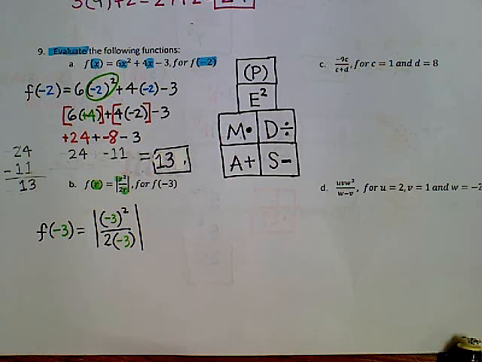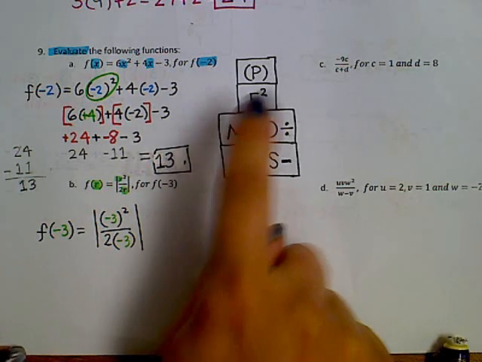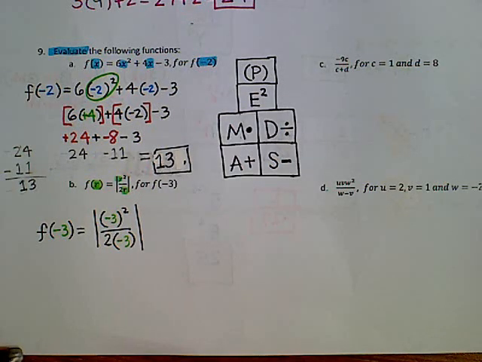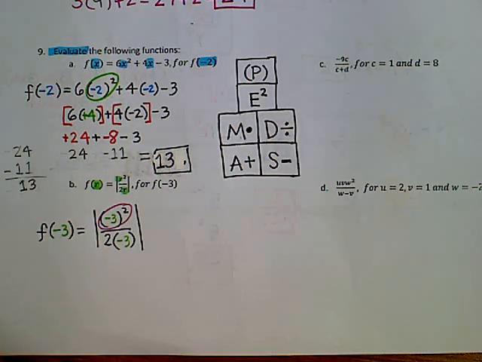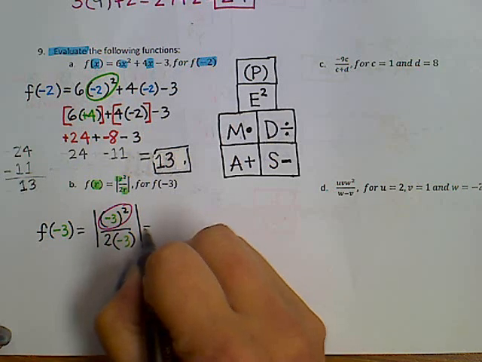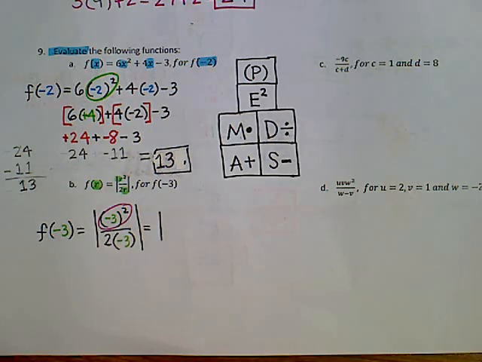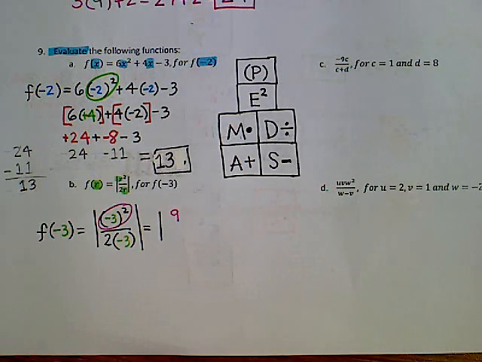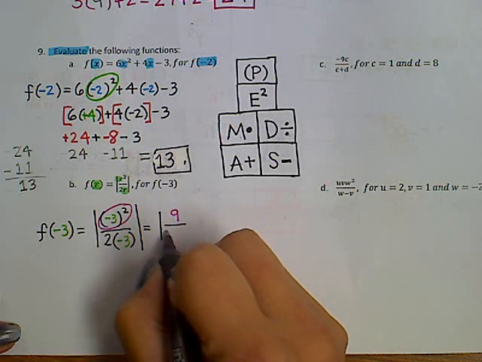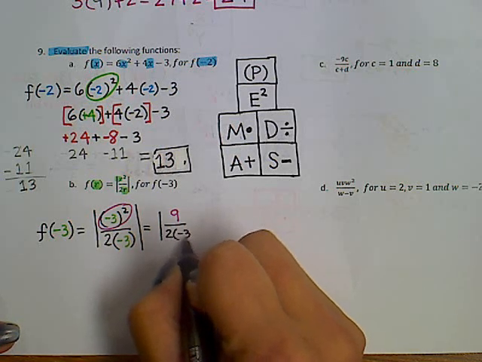Alrighty, so we already dealt with our parentheses. Now let's look for any exponents, which again we have right here. So negative 3 times negative 3, not going to make the same mistake, is a positive 9, over 2 times negative 3.